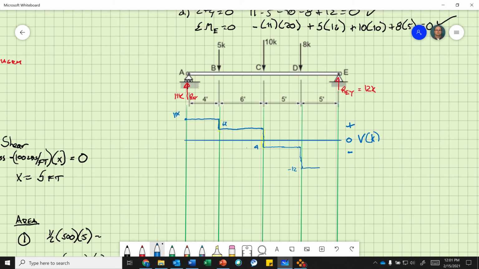Stays the same because I'm right here. And then it pops up back to 0, because I'm adding 12. Okay? So remember, it should go back to 0. So now let's take a look at our areas. Okay. So basically this is what you want to do.